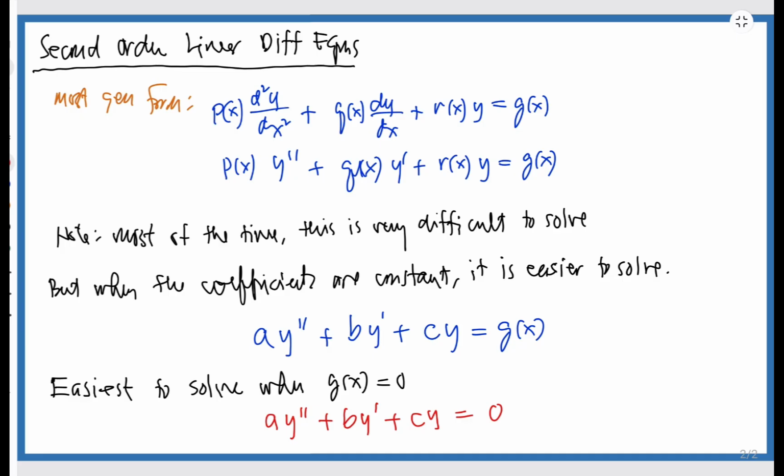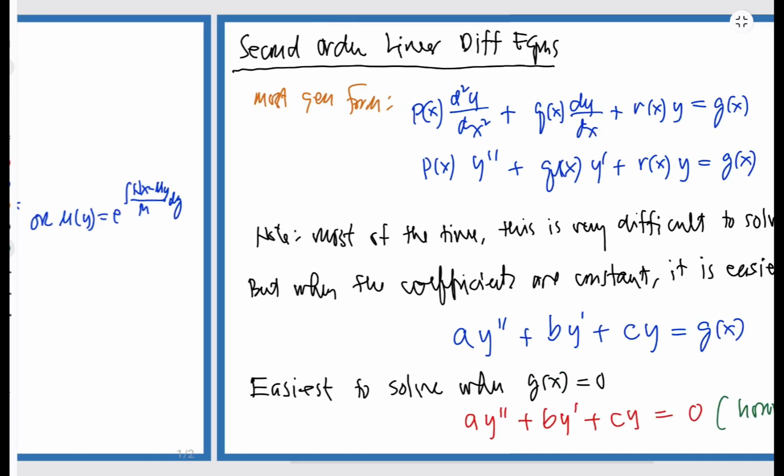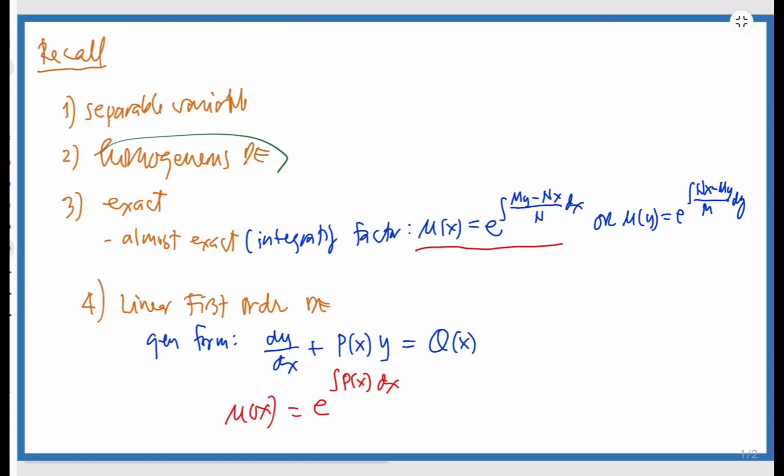When the right side is 0, the equation is also called homogeneous. I don't know why they like this name so much. Recall that we already had a homogeneous differential equation before, but that is when you let v equal to y over x.